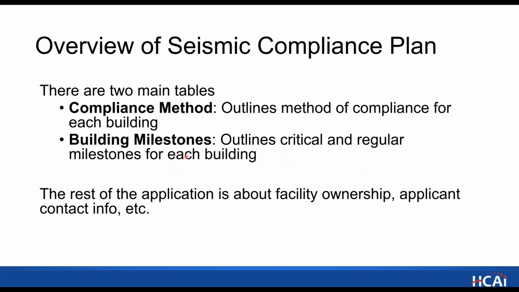This is campus-wide, building by building, what the overall method is. And in the application, there are a few other minor questions, like contact information, which is just usual application information.